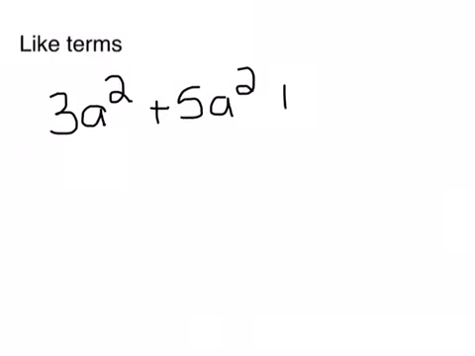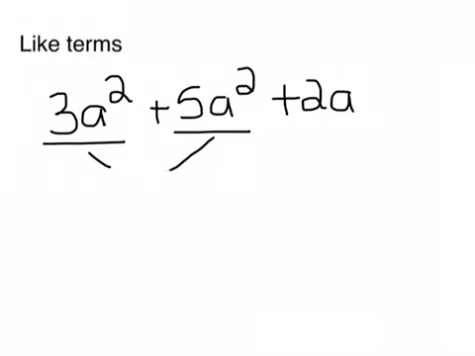Like terms are any terms that have a variable brought to the same power. So given 3a squared plus 5a squared plus 2a, the 3a squared and the 5a squared are considered like terms because they both have an a brought to the second power.